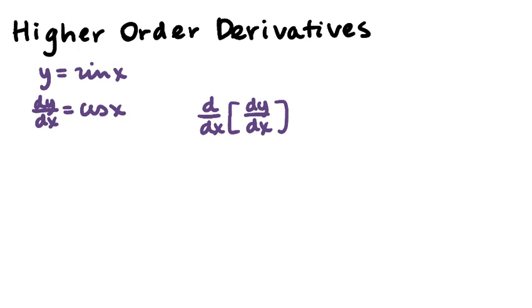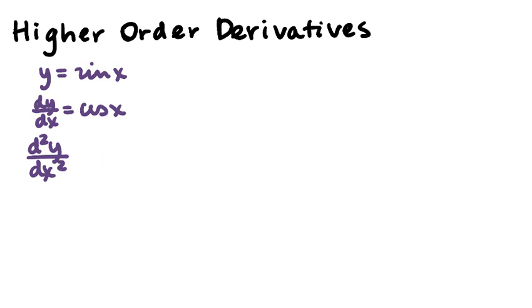And that's the reason why we use the notation, the second derivative of y with respect to x both times. We put the second power between the d and the y, but after the x. And that's going to be negative sine of x.